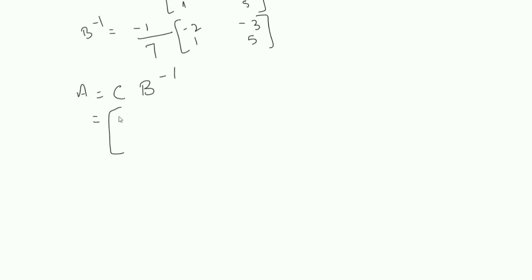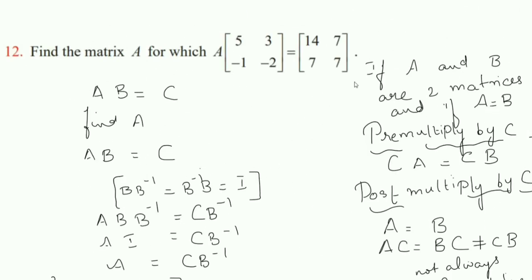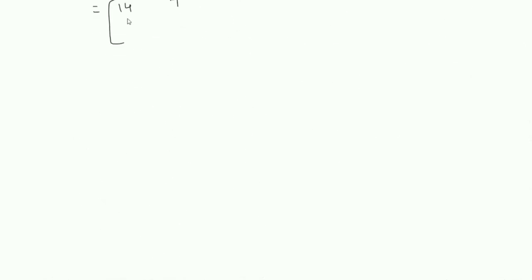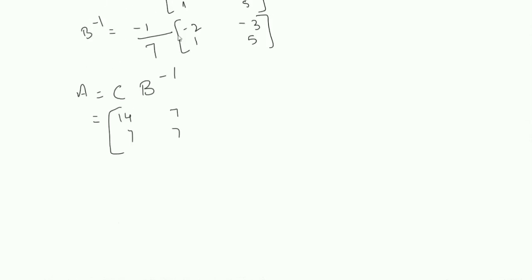So you write the matrix C, that is [14, 7; 7, 7], into the matrix B inverse, which is minus 1 by 7 into the matrix [minus 2, minus 3; 1, 5]. So now we can multiply these two matrices, and that will give you the matrix A.